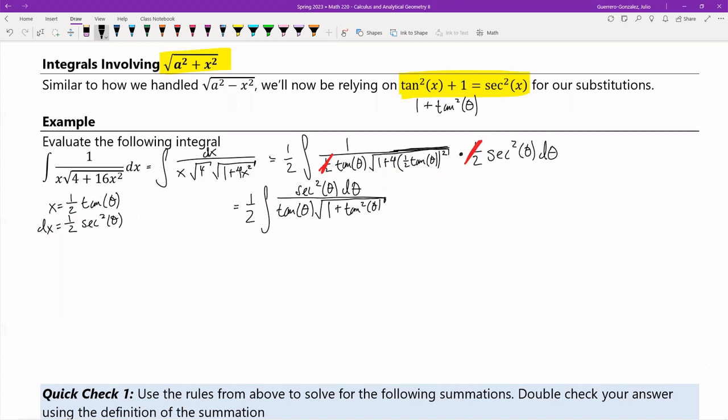Equal. What we have here is 1 plus tangent squared theta, which should be equal to secant squared theta, and the square root should get rid of the square. So this leaves us with 1/2 times the integral of secant squared theta d theta all over tangent theta times secant theta.